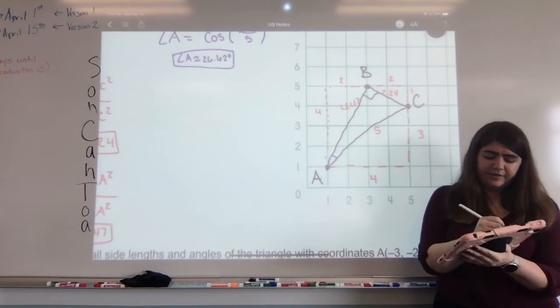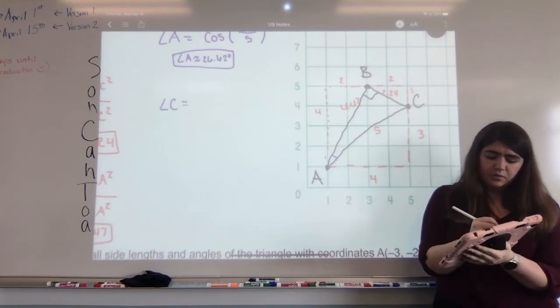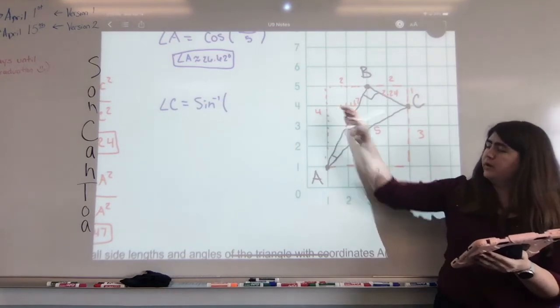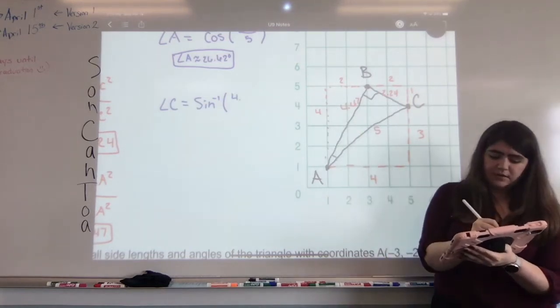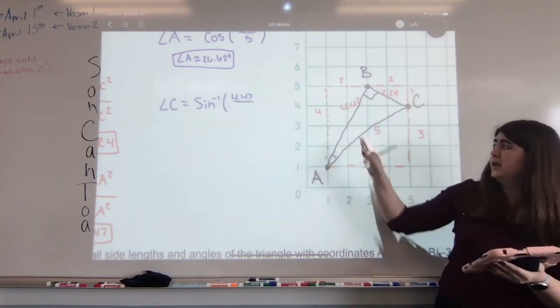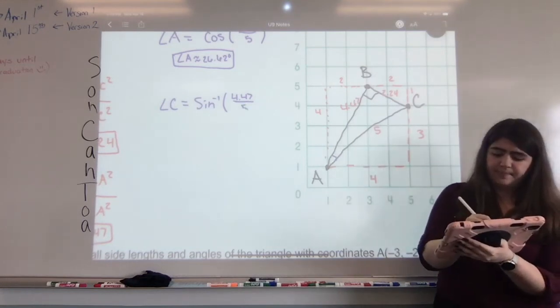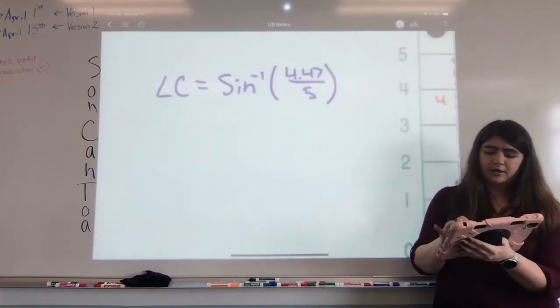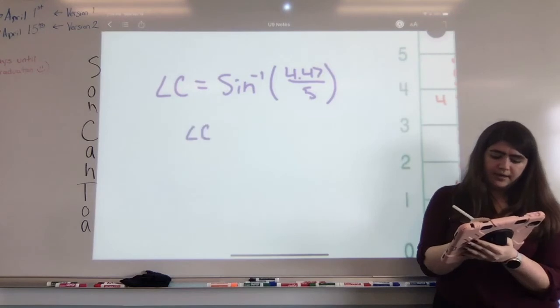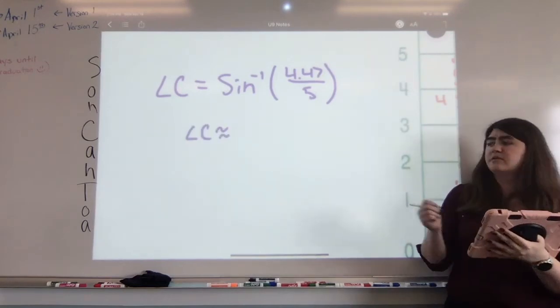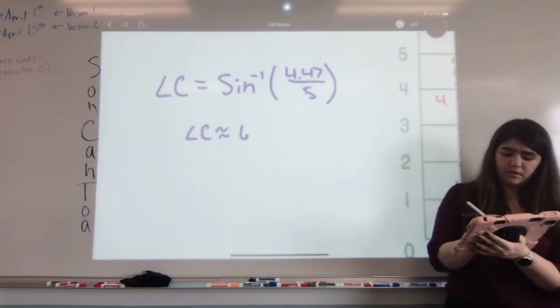So what I have is angle C is equal to the inverse sine of 4.47, which is opposite, over the hypotenuse, which is 5. We're going to plug that in our calculator, which I already did, and that gives me angle C is approximately equal to 63.38 degrees.